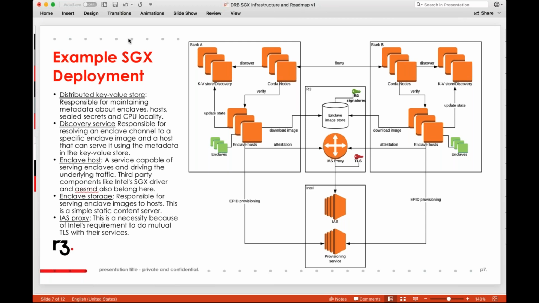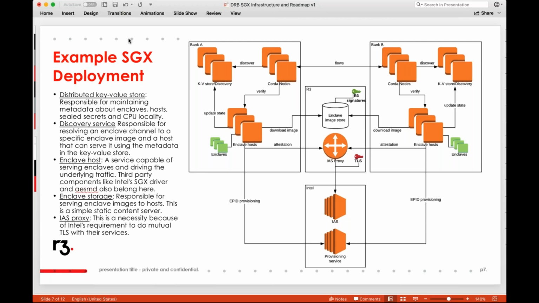Just a quick question. Can you hear me, by the way? Great. The Corda nodes inside Bank A and Bank B are still effectively discoverable or bindable notaries, which are then deferring the verify function to the enclaves. Is that correct? Because the enclave isn't running the notary itself.